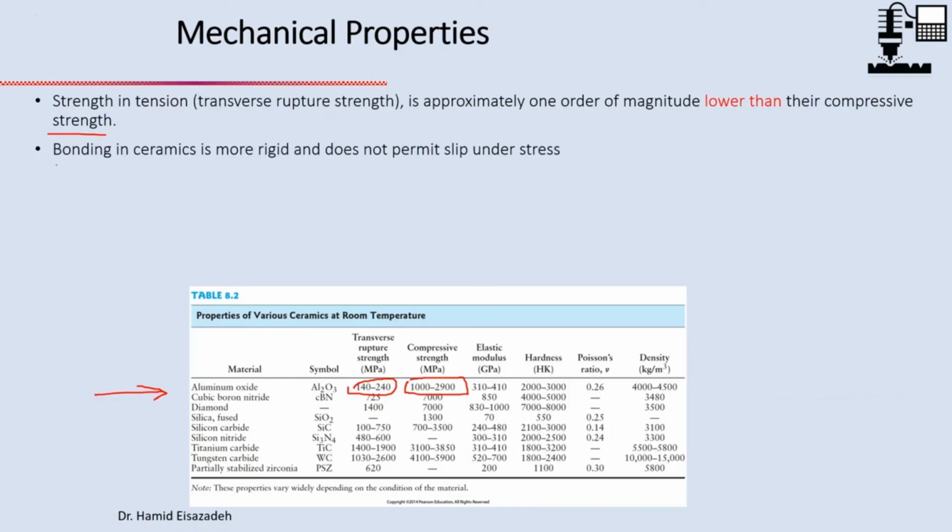The type of bonding in ceramic is more rigid and does not allow slip under stress. We have a structure like this. This is the metal. When we apply external force, the crystal lattice will glide along each other.